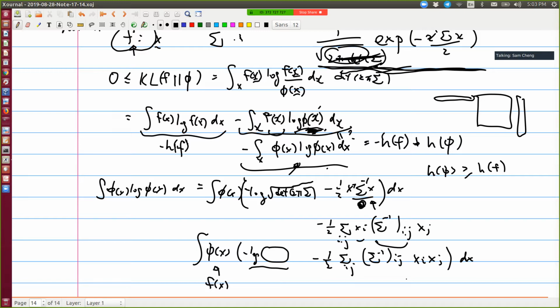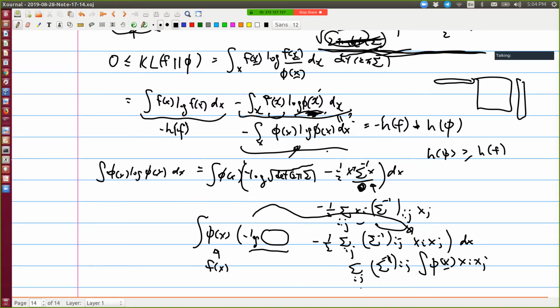And for the second term here, I can pull the integral all the way inside, right? Basically the integral of phi x, and I have x i, x j here, and then I have this sigma inverse ij summed over ij, dx here.